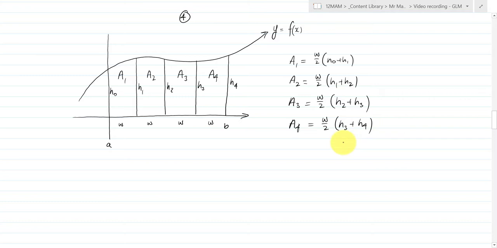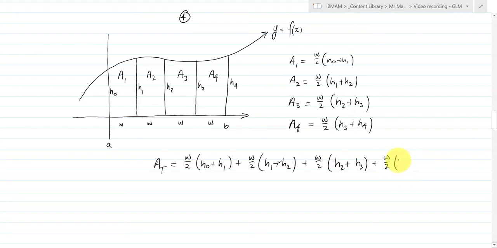So there are 4 areas that we want to find, and we just want to add those together. So it's pretty simple. That means that the area in total will be equal to those 4 areas added together, which is this: width over 2 (h0 plus h1) plus width over 2 (h1 plus h2) plus width over 2 (h2 plus h3) plus width over 2 (h3 plus h4).